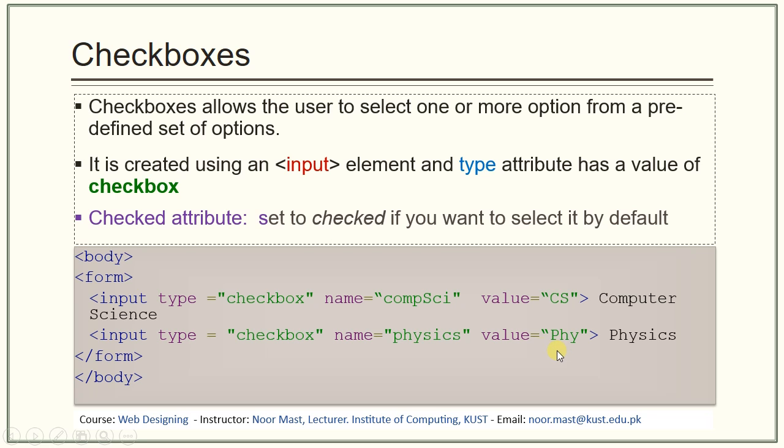Here the name attribute has a different value for each option as compared to radio button. Since checkboxes allow selection of more than one option, that's why different names are used to pass their values to the server. Now to practically implement both radio button and checkboxes for better understanding.